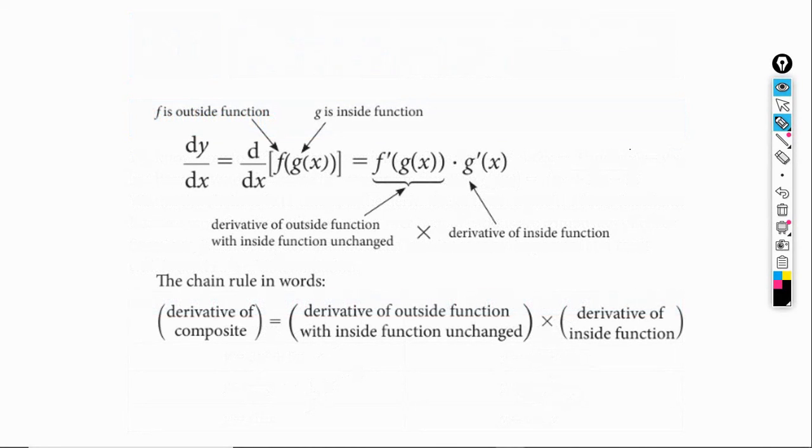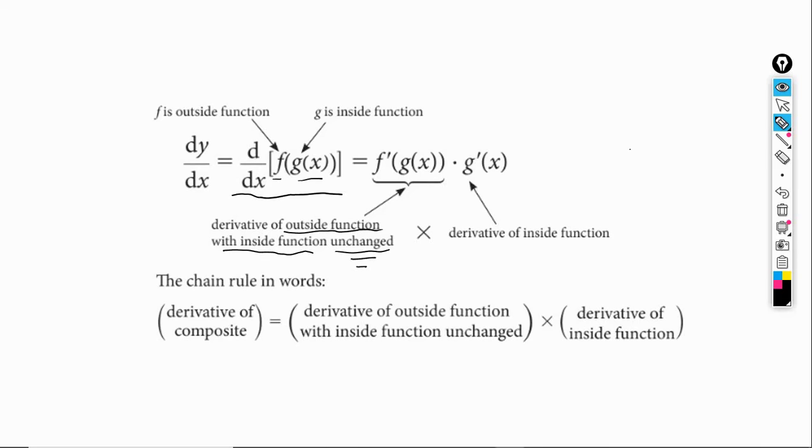Very well, so this is how the chain rule works. So notice that here they have the derivative of a composite function, because this is f of g of x. So if we want to do the derivative of this, we would have to do the derivative of the outside function with the inside function unchanged.